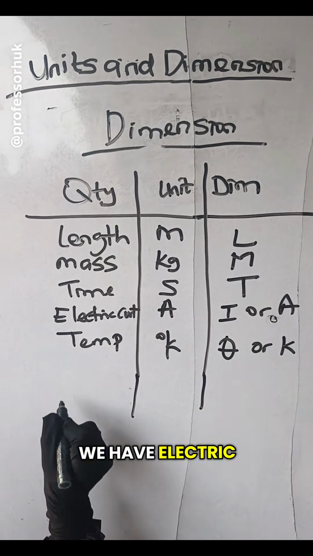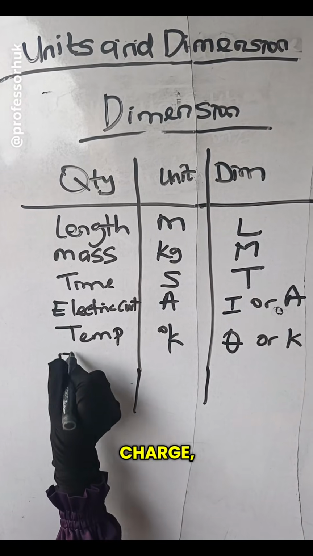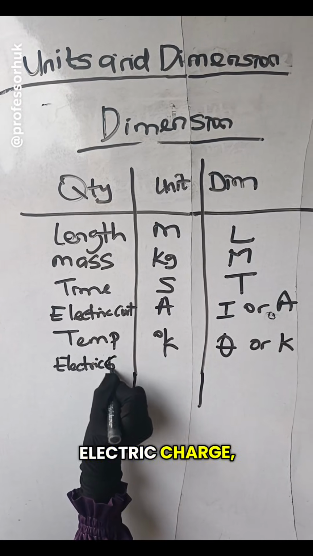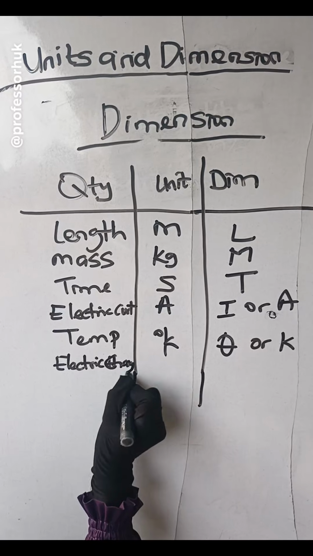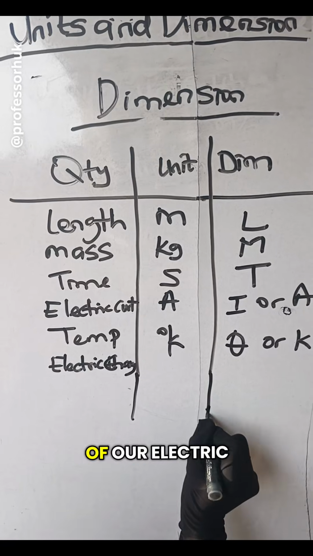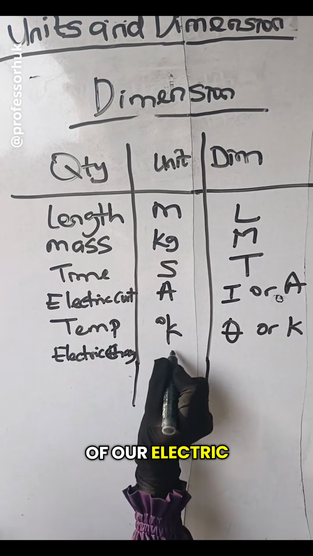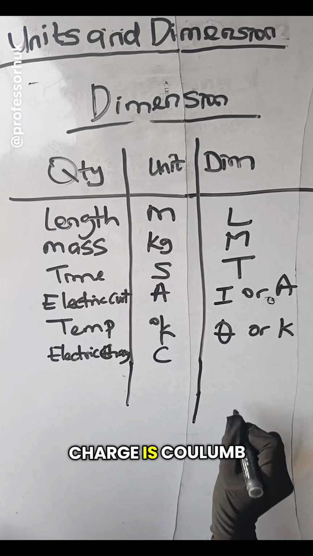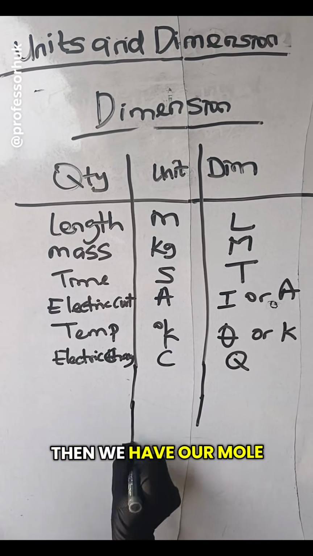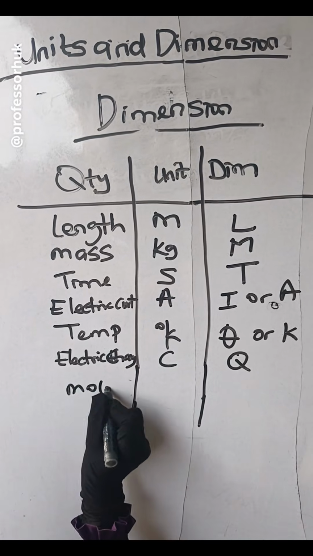We have electric charge. So the unit of our electric charge is coulomb, but the dimension is Q. Then we have our mole, amount of substance.